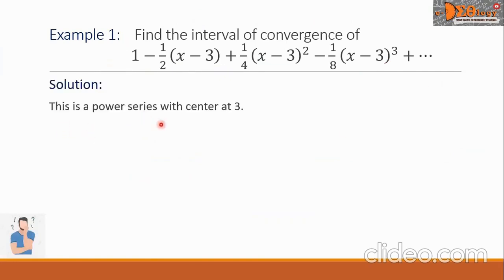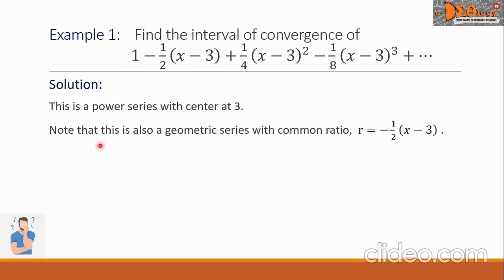This is a power series with center at 3. Note that this is also a geometric series with common ratio r, which is equal to negative 1/2 times the quantity x minus 3. We know that a geometric series converges when the absolute value of r is less than 1.